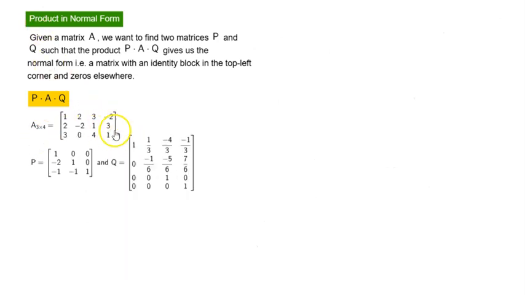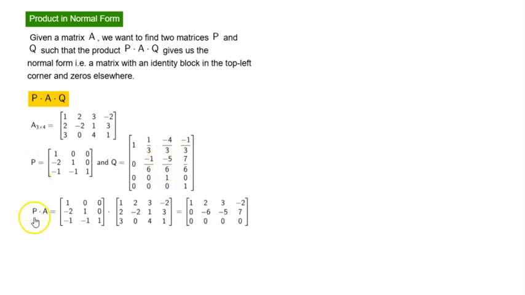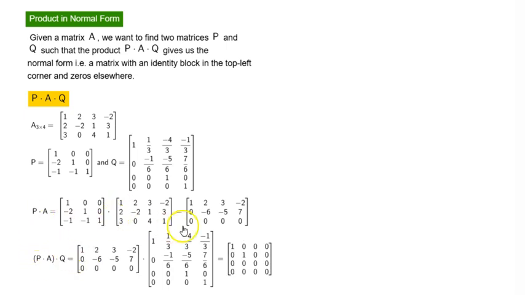So we have A, we have P, we have Q. Let's multiply PA first. Multiplying this and this, we get this matrix. Now we multiply the product PA with Q. When we multiply it, we get the normal form.